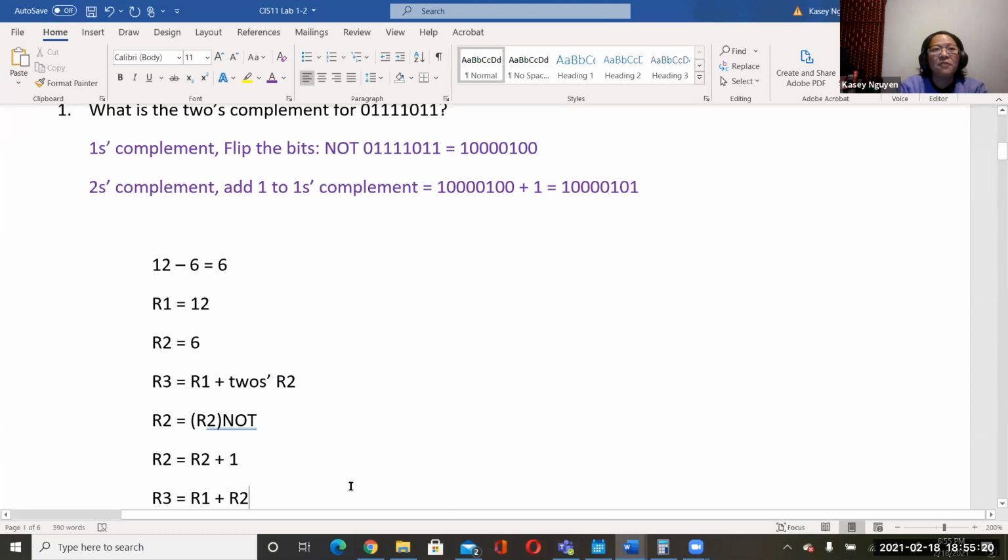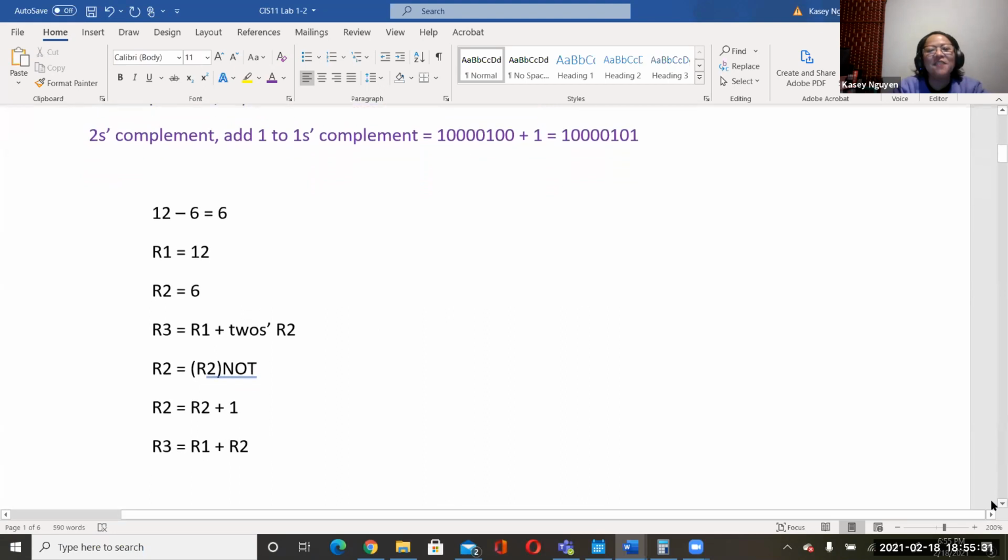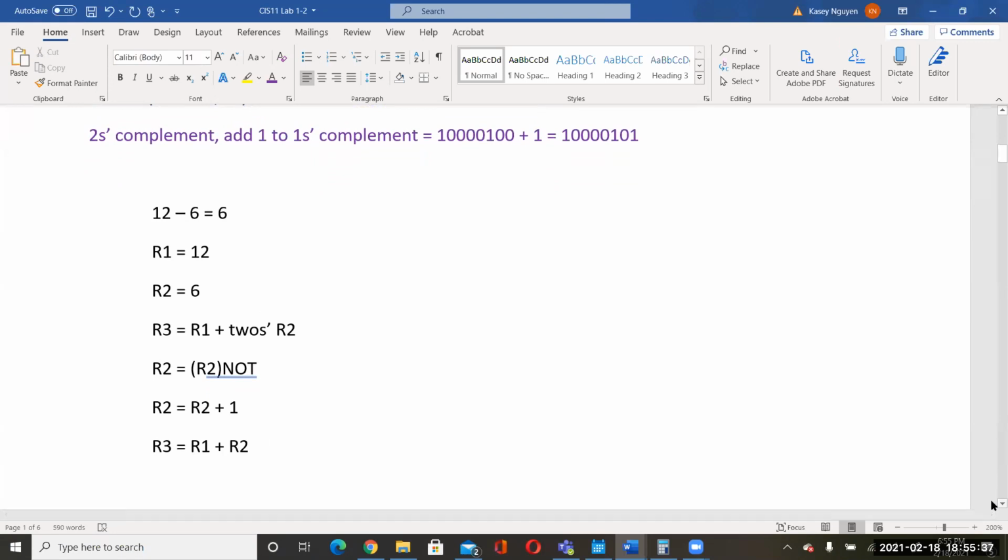So this is exactly what you guys are going to be doing in the next few weeks. Okay, so you see how the code is? Any questions? And it makes sense with the number 0, how if you knot it, you get a bunch of 1s, and then you add 1 and it overflows back to 0. Yes, which makes sense since there is no negative 0.